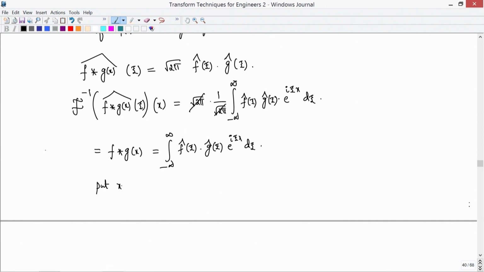So, what exactly does this mean? In my definition of the convolution product, I do not have any multiplication constant, so you simply define it as the integral of f of x minus y g of y dy. If I put x equal to 0 and choose g of y, remember in the earlier property, f and g both are absolutely integrable functions.